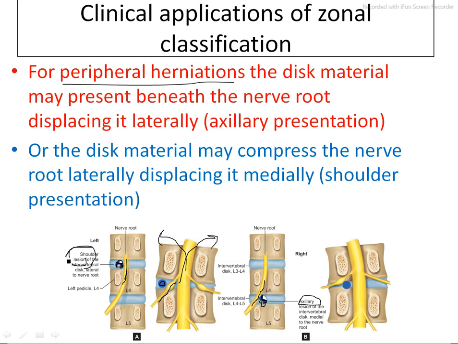In shoulder type of lesion, the nerve root lies medially to the prolapsed disc, and suppose if there is left side disc herniation, then they tend to shift towards the right side. But in case of axillary, you see here there is herniation of disc and there is your nerve root.